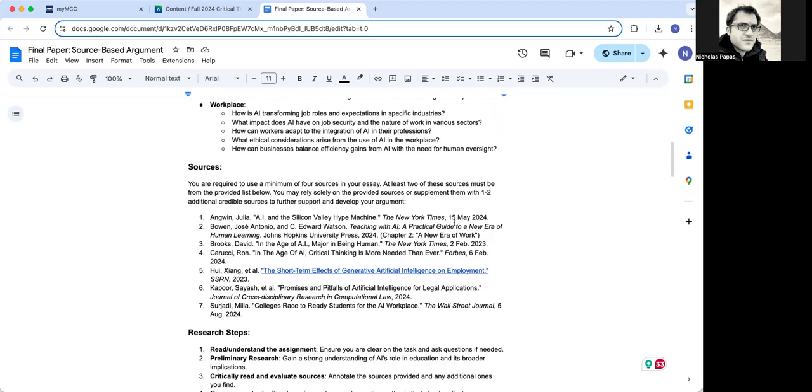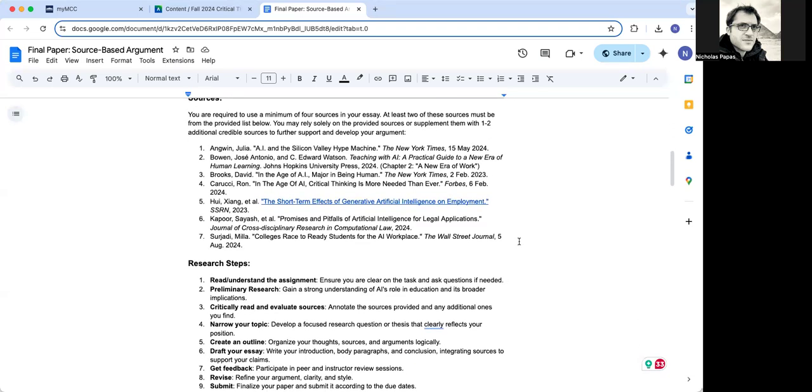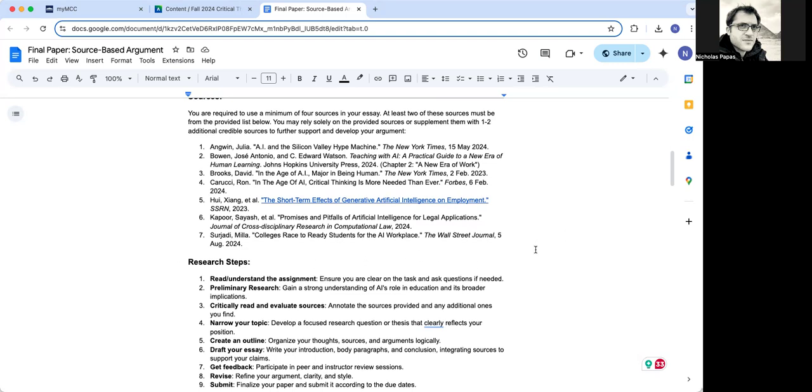You should be familiar with the sources, knowing that you should use two of these sources in your essay, and you should have a total of four sources or more. It can be more than four, but a minimum of four sources, and a minimum of two of those sources should be listed here.